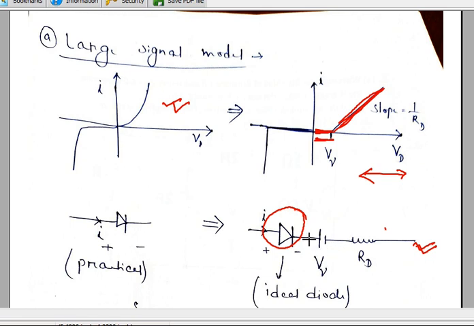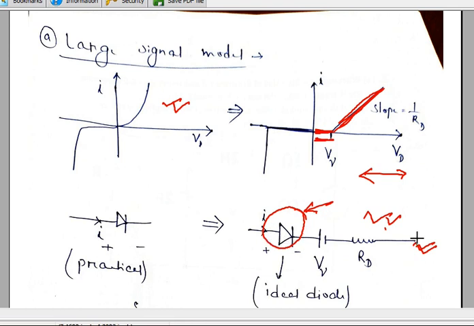Now whenever in a DC circuit we want to solve the circuit, we can simply replace the diode with this model and then solve it. Now this diode is going to behave as ideal. If the voltage across this one is positive, it is going to turn on, and then the current can flow.